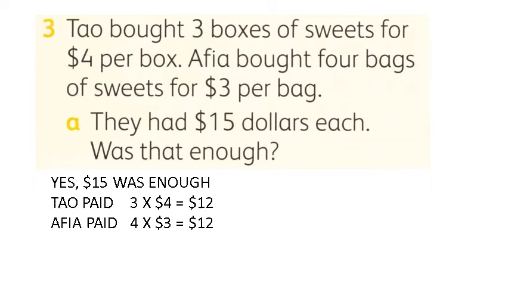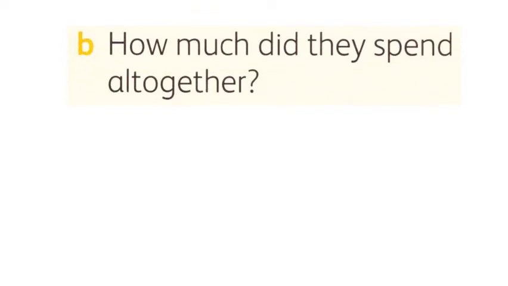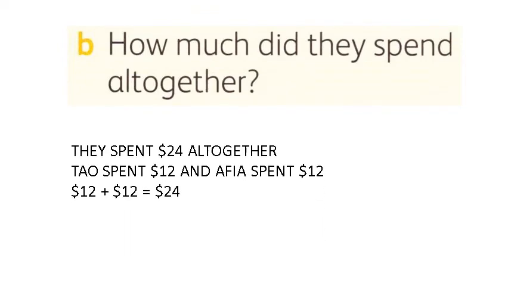Tal paid 3 times 4, $12, and Afia paid 4 times $3, which was also $12. How much did they spend altogether? They spent $24 altogether. Tal spent $12 and Afia spent $12 too. 12 plus 12 equals $24.